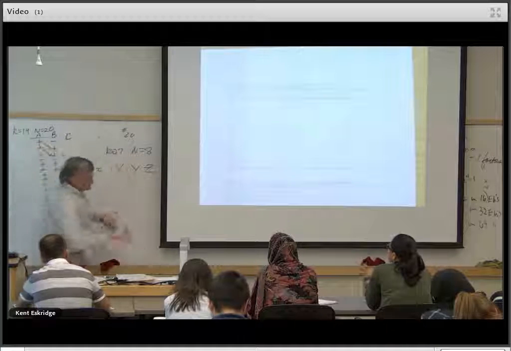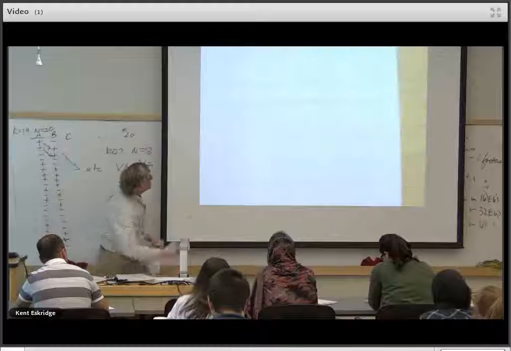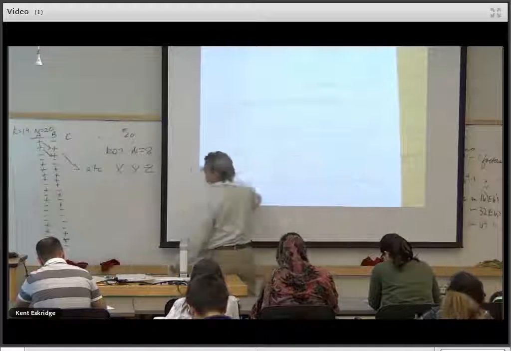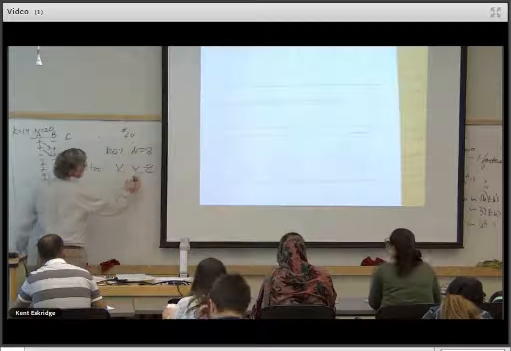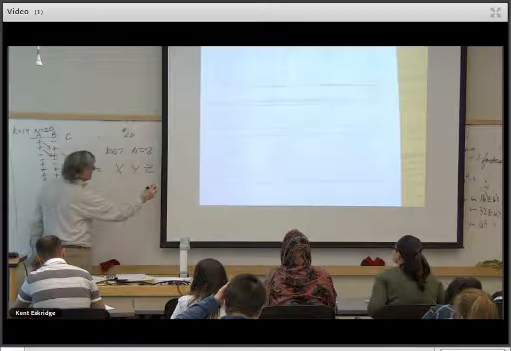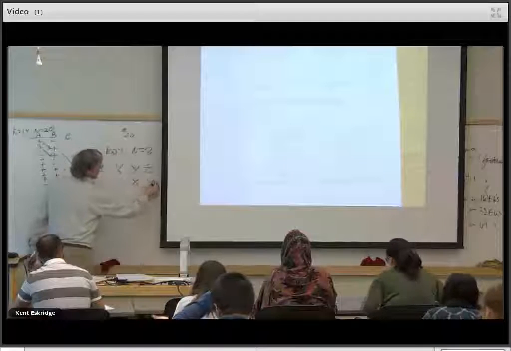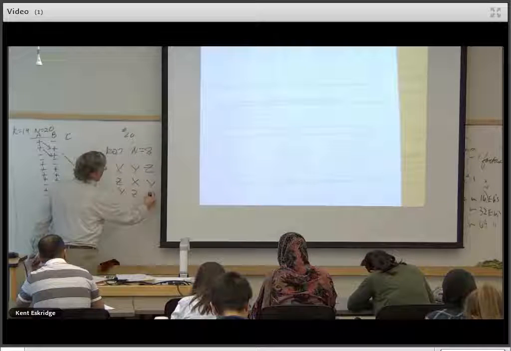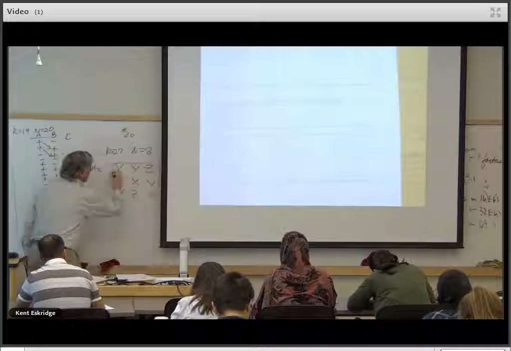So here's x, there's y, and there's z. Okay? And then you use Latin square, cycle on these. The Latin square is a cyclic design too. So you say x, y, and then z, and then y, z, and x. And now your whole design is this.